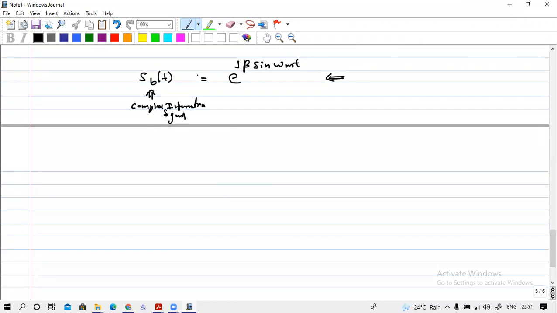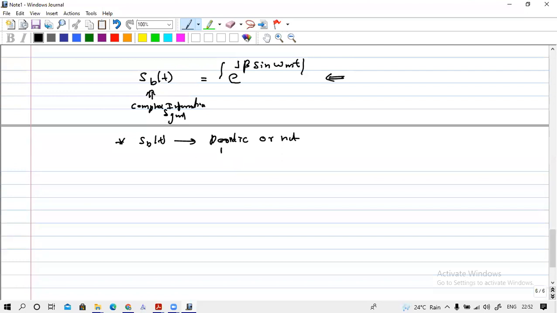So if I ask you a question, you can answer that one. This signal, our complex baseband signal s_b(t), is this periodic or not?